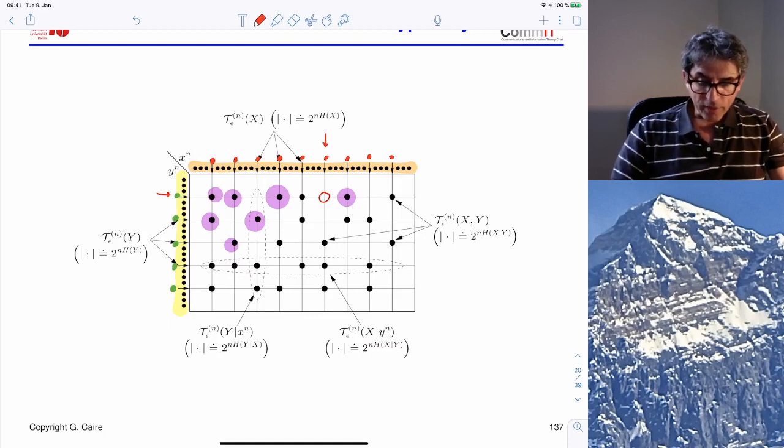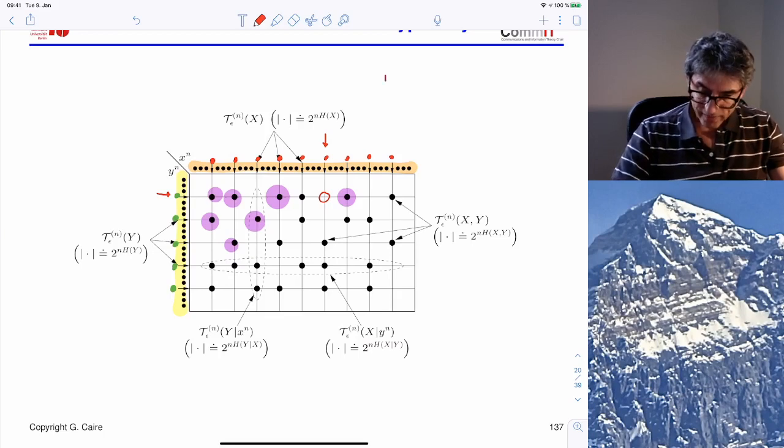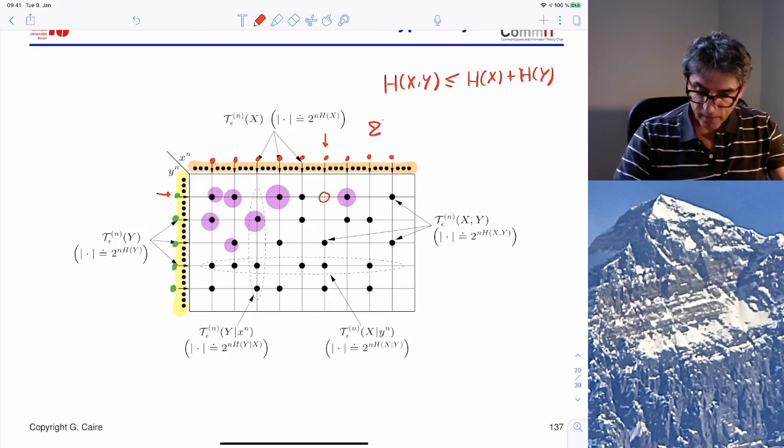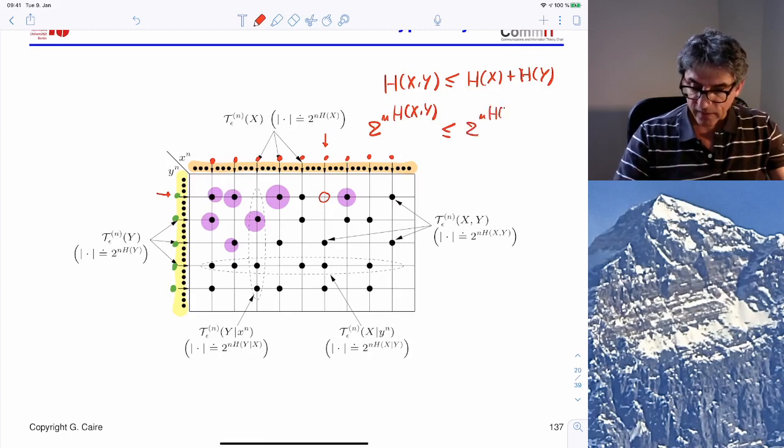And why do we know that there are fewer? Because we know that the joint entropy in general is less than the sum of the two entropies, which means that the size of the jointly typical set, which is 2 to the n times the joint entropy, is generally less than the product of the sizes of the two individually typical sets.